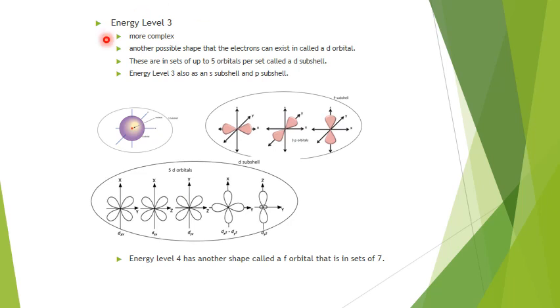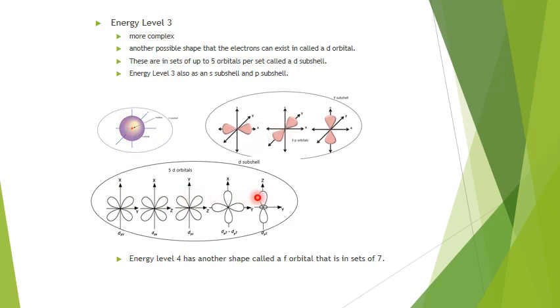Energy level 3 is even bigger, and it can be more complex. So it has an s. It has the 3 p's, so it has a p subshell with 3 orbitals. And then it also has a d subshell, which has 5 d orbitals. Now you won't have to know about these or draw these shapes or anything.